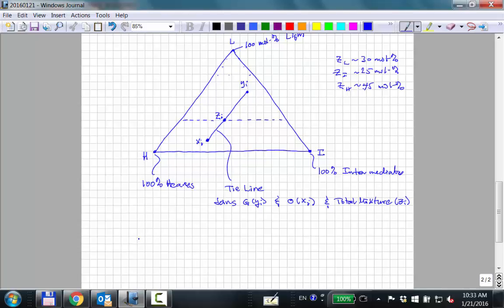And I'm going to sketch down here. This is Zi. We've got 50% gas, Yi, and at least on a volumetric basis, 50% oil. Okay?